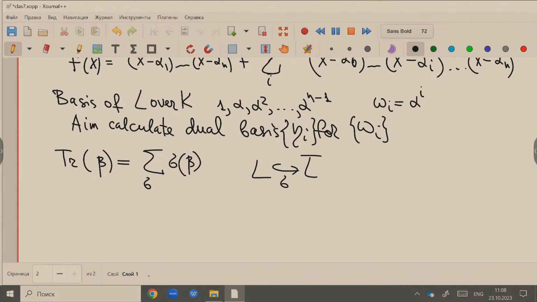And sigma maps alpha to a root of f, so it maps to some alpha i, and it is characterized via this property.